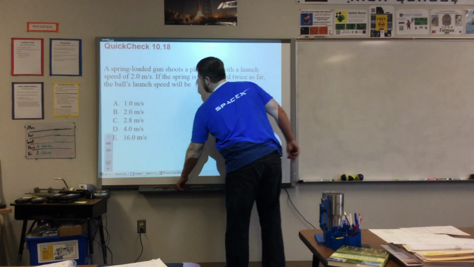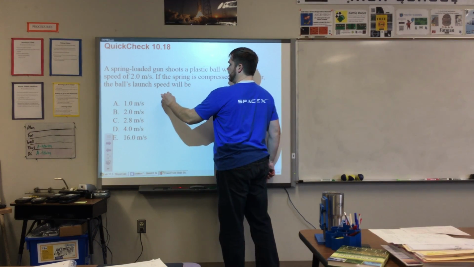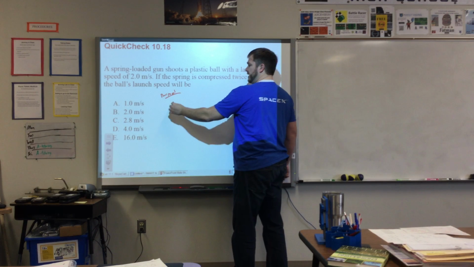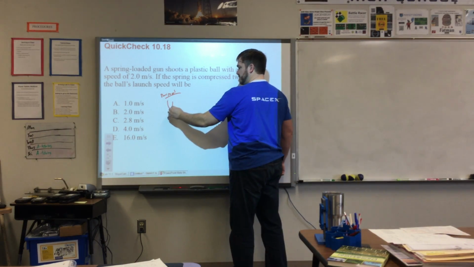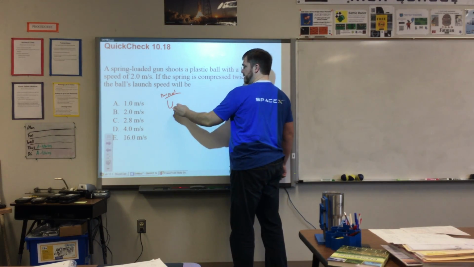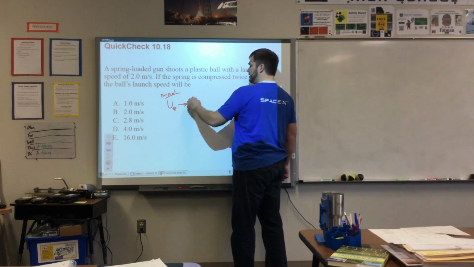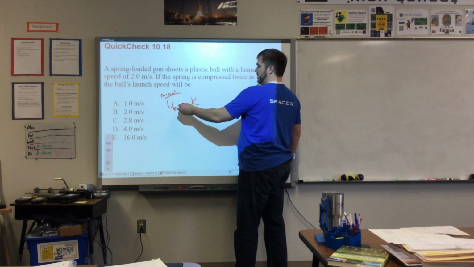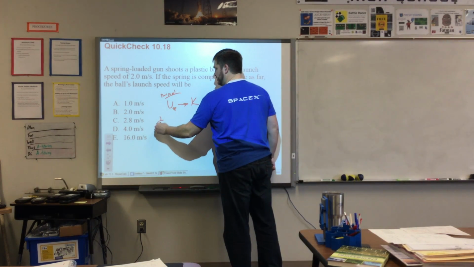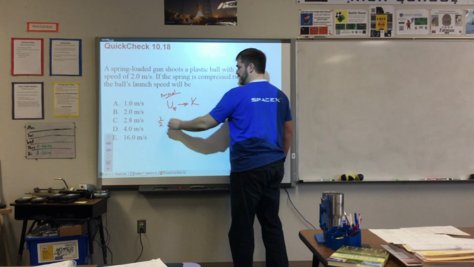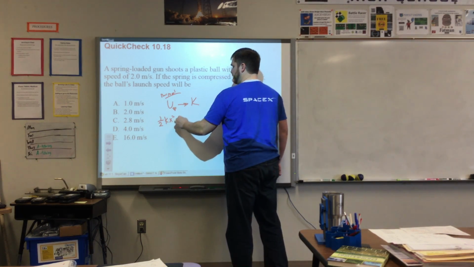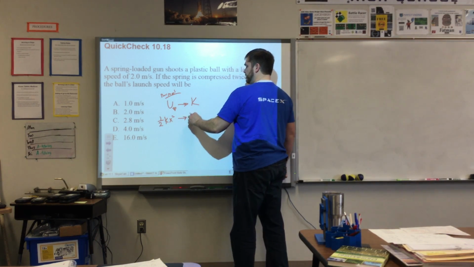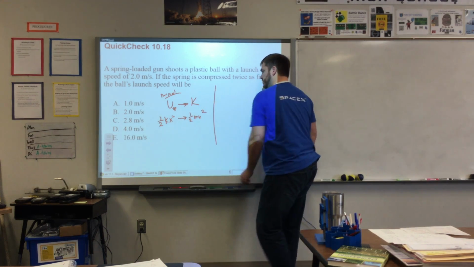So in the normal situation, the first one, we have elastic potential or spring potential energy turns into all kinetic. And what is that? 1/2 k x squared turns into 1/2 m v squared.